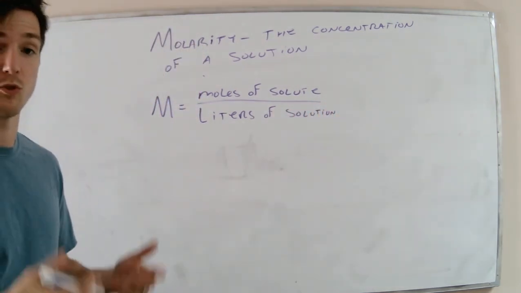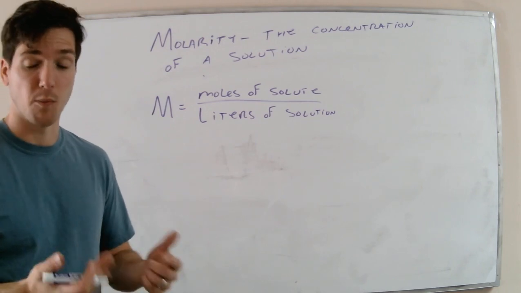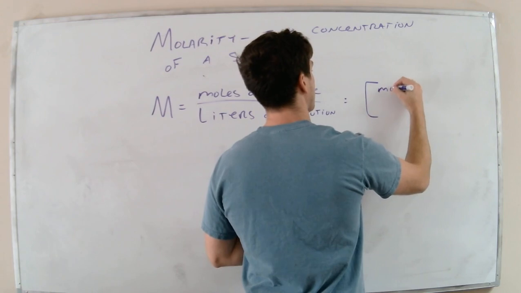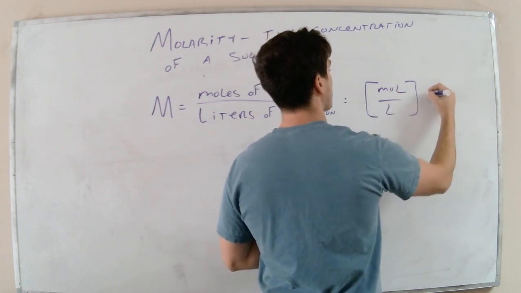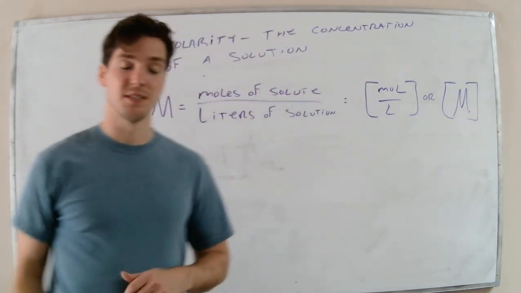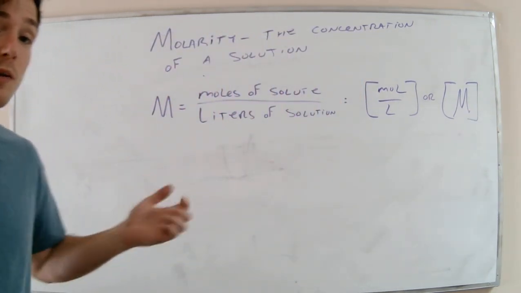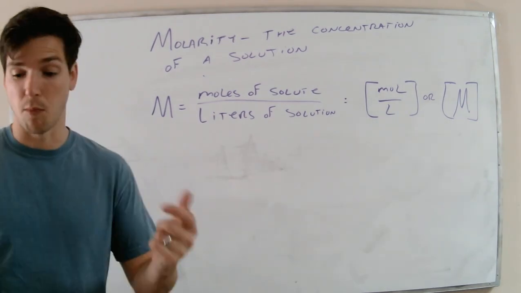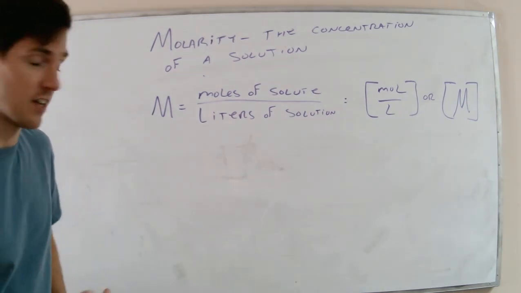Over a volume. So it's moles over volume, or moles over liters. Our units can be written as moles over liters, or you could just use uppercase M. That means the same thing. We're going to be doing a lot of calculations where we're just putting moles over liters, essentially.